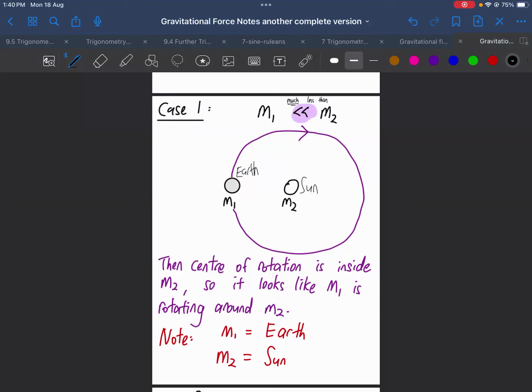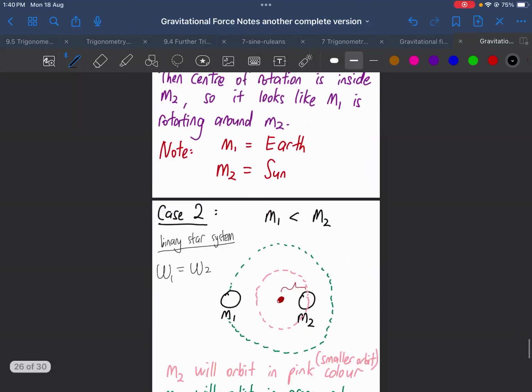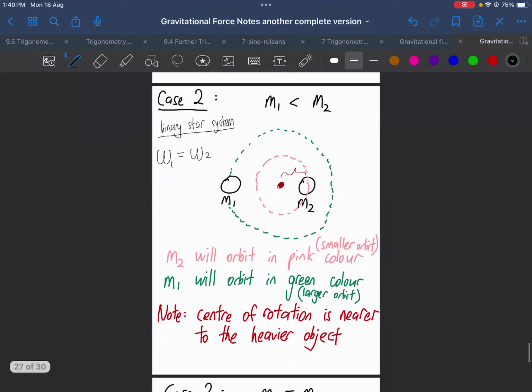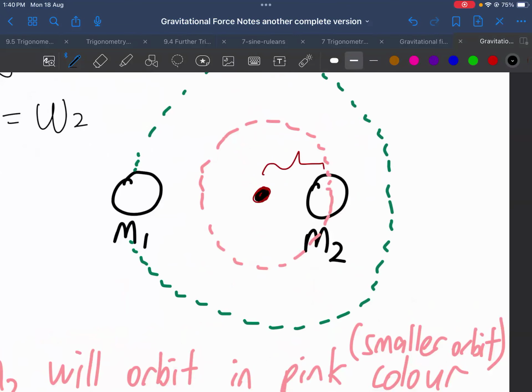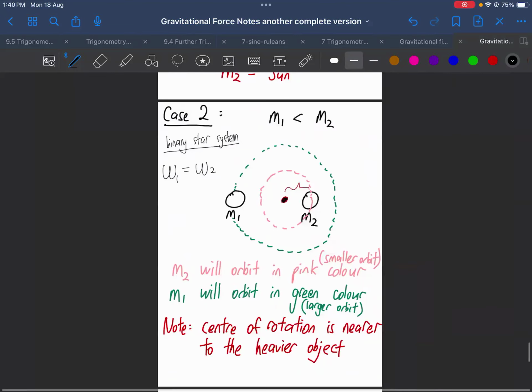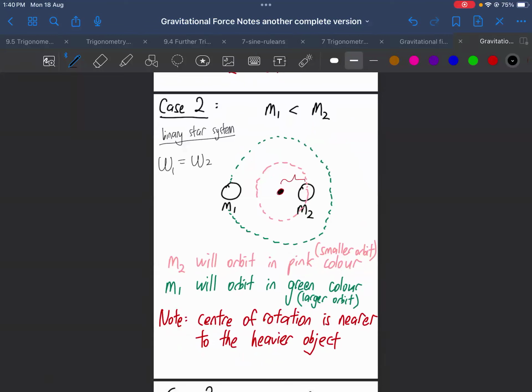But this is just less than. If mass 1 is less than mass 2, that means both masses will rotate around the center of mass. Both M1 and M2 have their own respective circular motions, all right? If M2 has a larger mass, then M2 will be moving in a smaller circle.